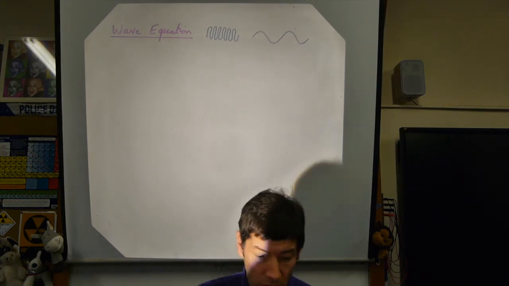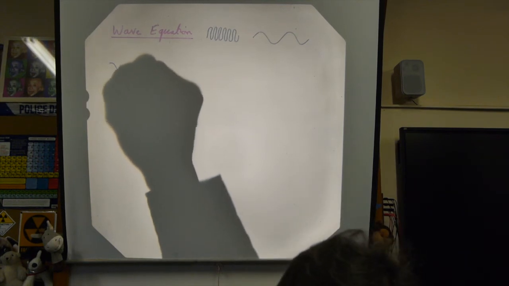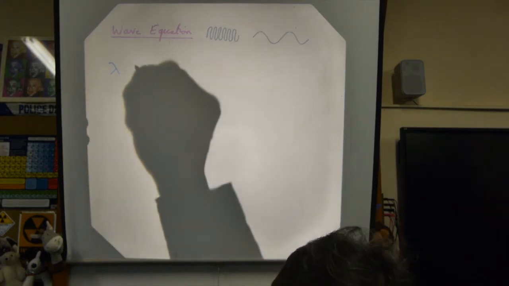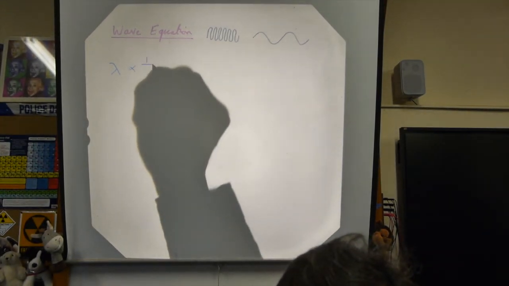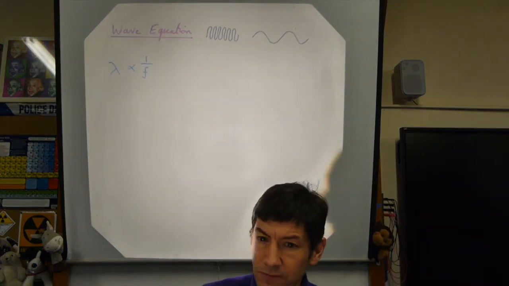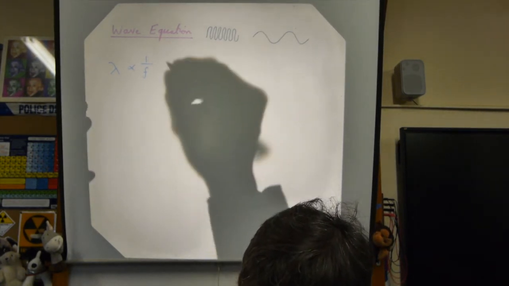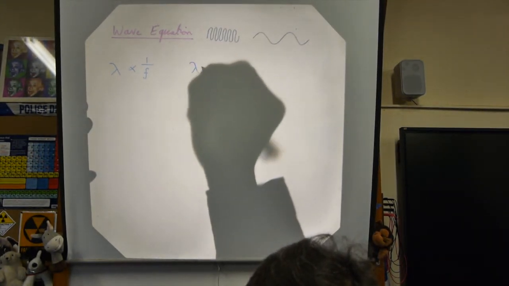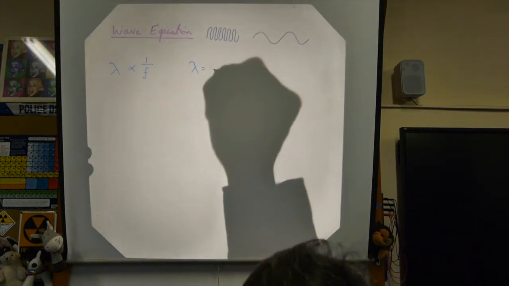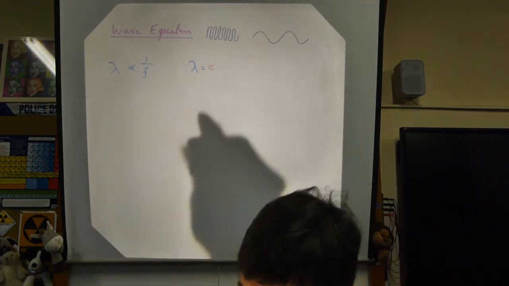So what we note here is that if the wavelength gets larger, the frequency gets smaller. So the wavelength is inversely proportional to the frequency. And if we put a constant in here, the wavelength must be equal to a constant, and I'll write it in red just to point out that it's a constant, divided by the frequency.